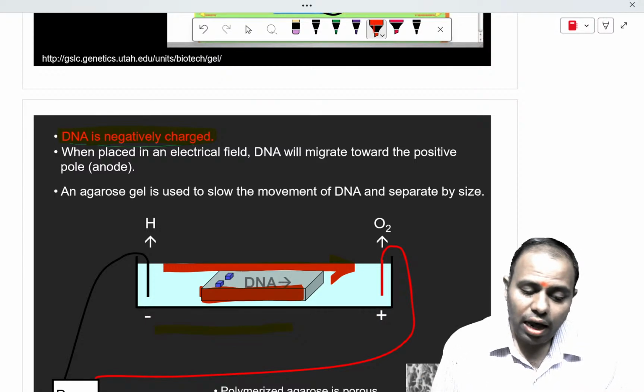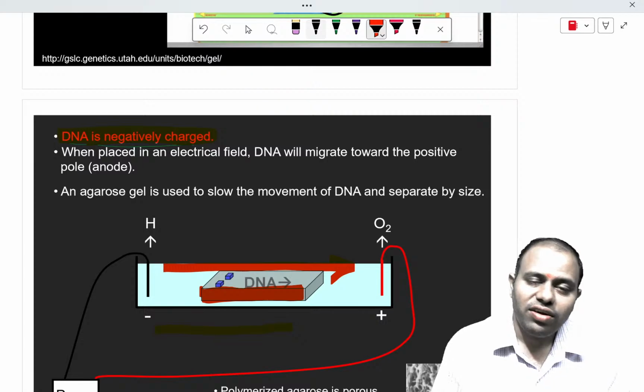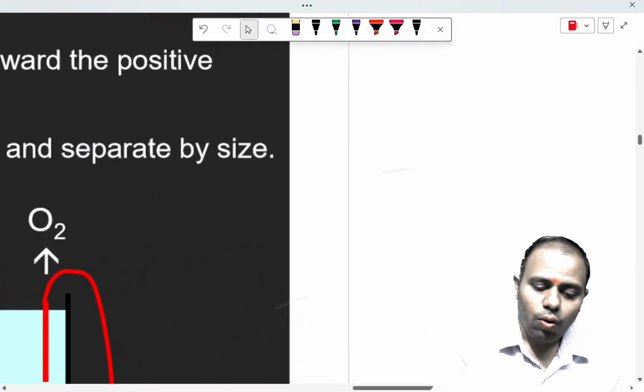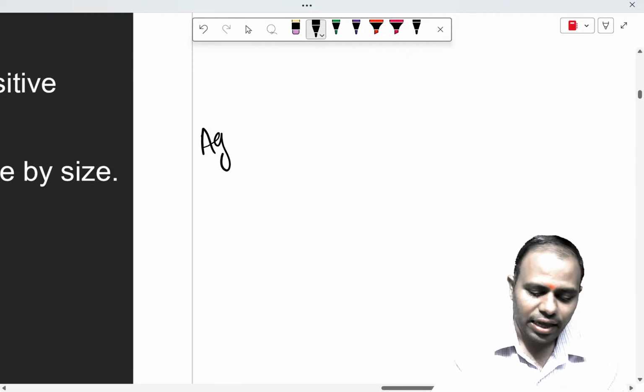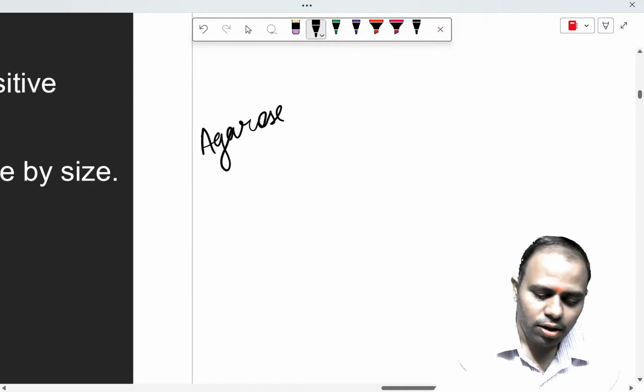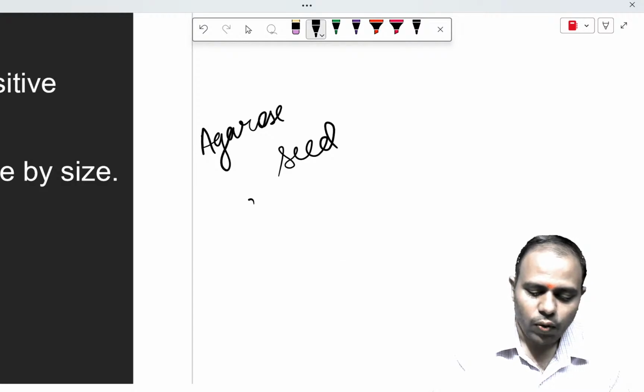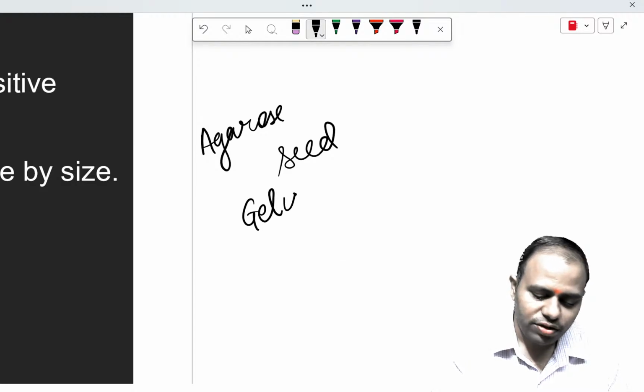The concentration of agarose here is different. Now what is agarose? Agarose is isolated from a seaweed or sea algae. The name of this algae is Gelidium corneum.